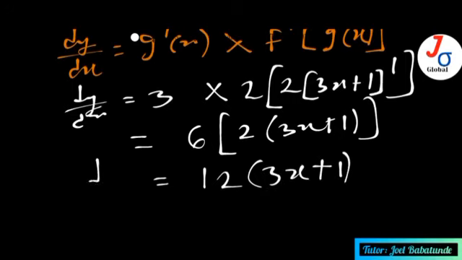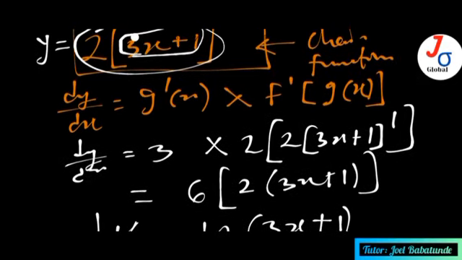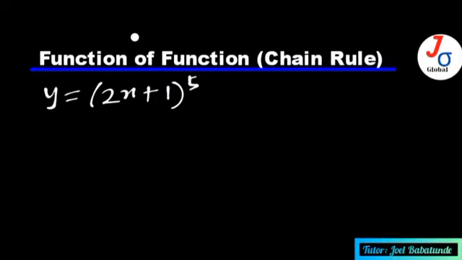So I know this might look complicated to you. That's because you're not really familiar with the chain rule, but basically there's another method for solving the chain rule. So let me just give you that. You have this function y equals 2x plus 1 all raised to the power 5. Now because of this bracket, I knew that this is a function of a function, and this is a chain function. So what am I going to do?